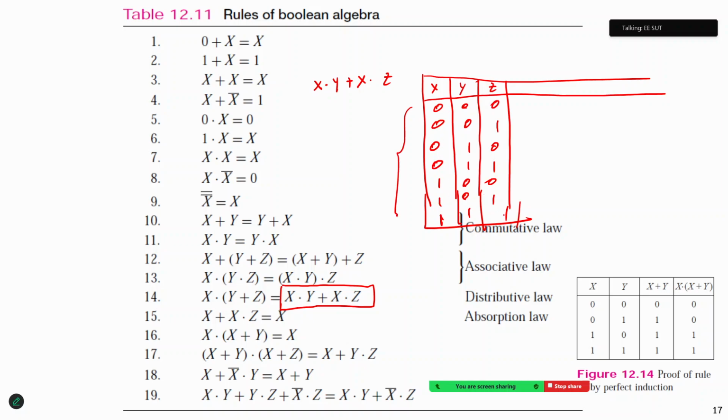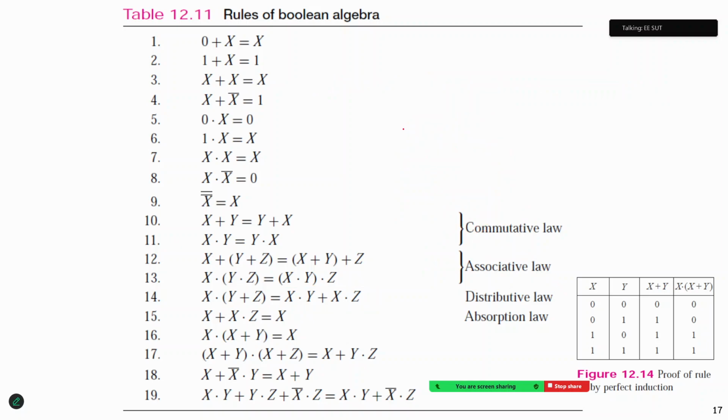Do I miss something? Oh no, I missed 0, and then 1, 1, 1. Like this. Okay, let me read over.